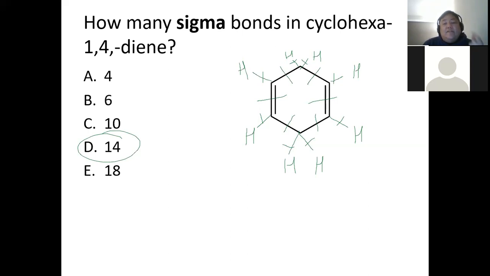So you guys saw the 6 carbon-carbon bonds, which is true, but you can't forget about your hydrogen bonds. So since you had 8 of them attached, for every hydrogen, that is a sigma bond. Therefore, you have 14 sigma bonds and 2 pi bonds. Does that make sense?